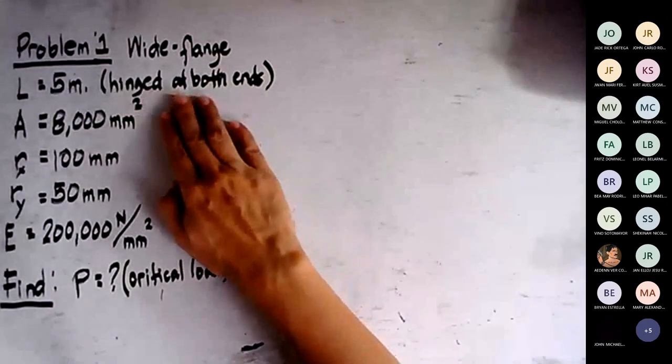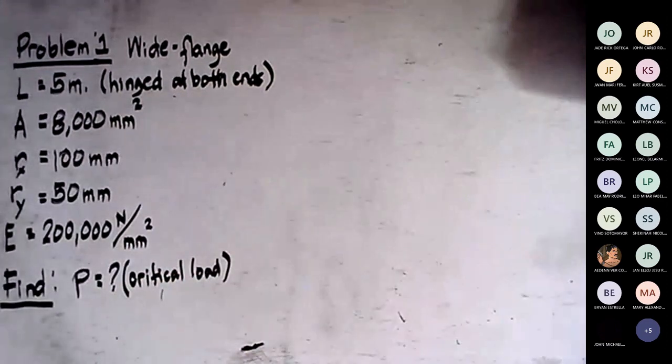So since you are given the properties of this section, a wide flange section for a column, we are going to determine the critical load. And accordingly, we can use the formula of Euler's critical load.